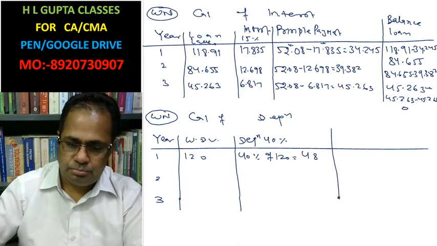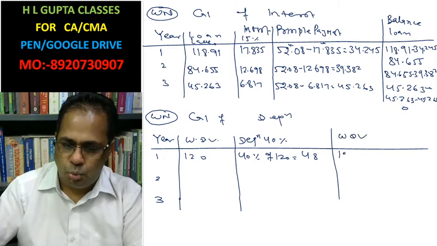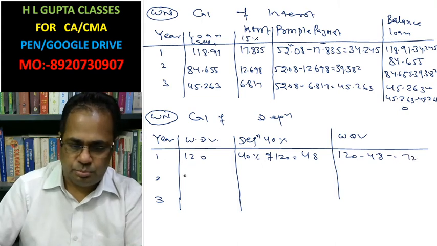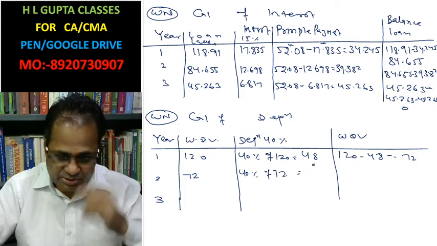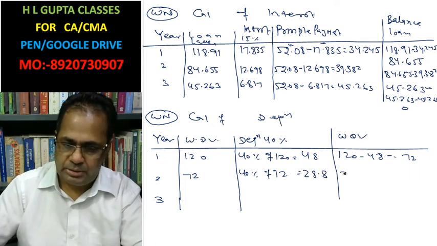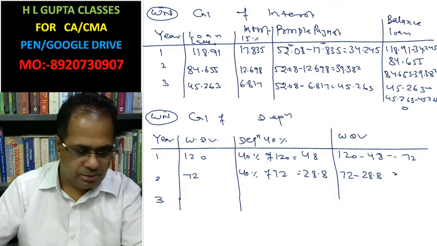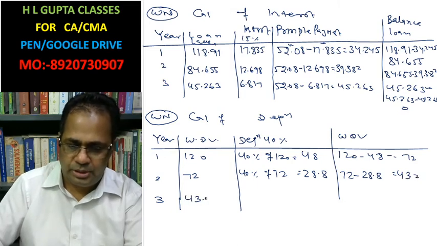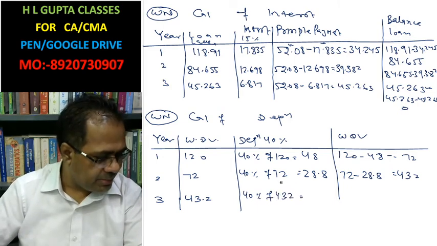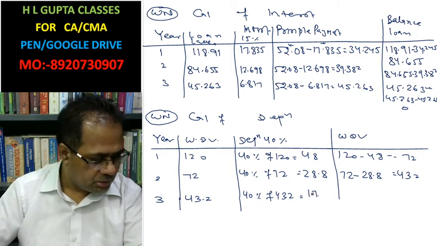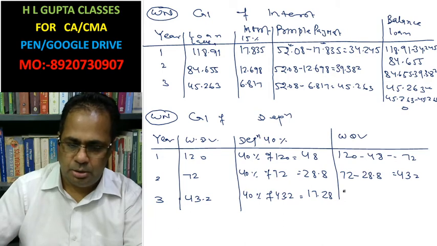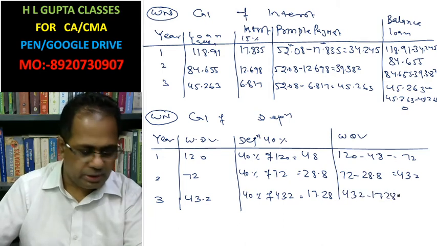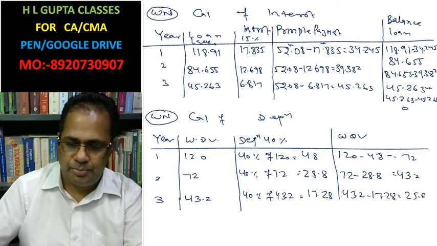Again written down value will be 120 minus 48, that equals 72. 40% of 72 is 28.8. 72 minus 28.8 is 43.2. 40% of 43.2 is 17.28. 43.2 minus 17.28 is 25.92.